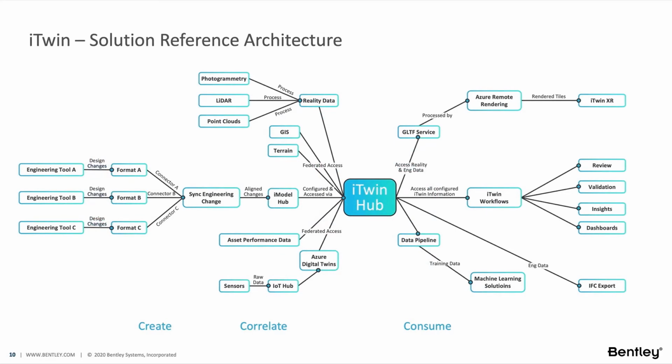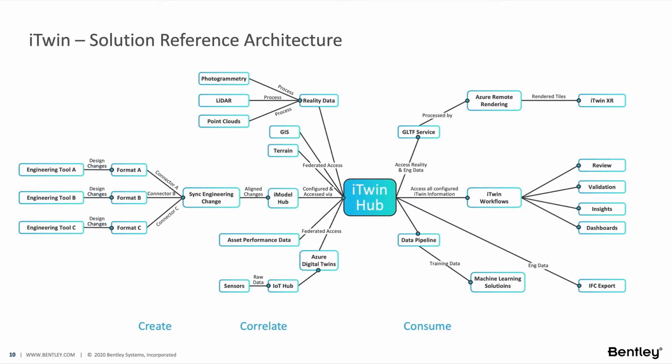Now, as we talked about the layers of information, we're proposing and striving to use this reference architecture, a mind map of sorts. Where on the left, you start with the engineering information. You're connecting, aligning all of that information, and bringing all the engineering change in one place. In addition to that, you can bring in all of the reality data, the GIS and terrain data, in one place.